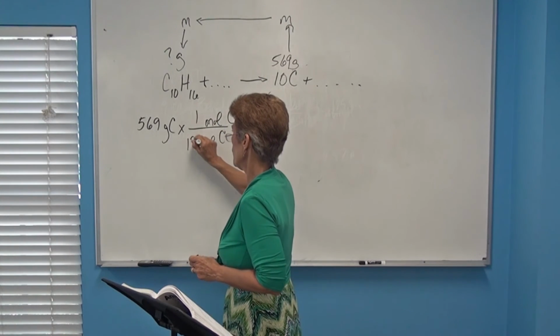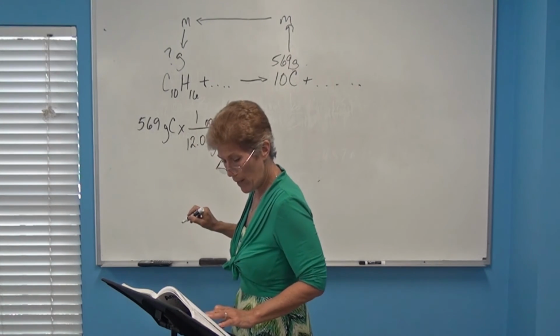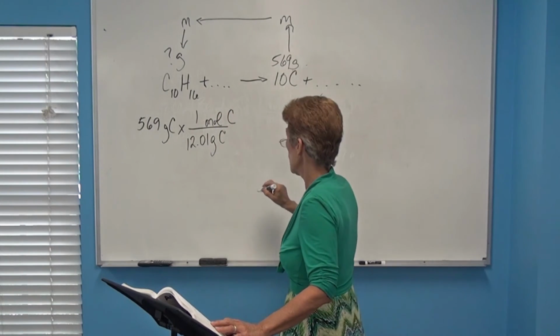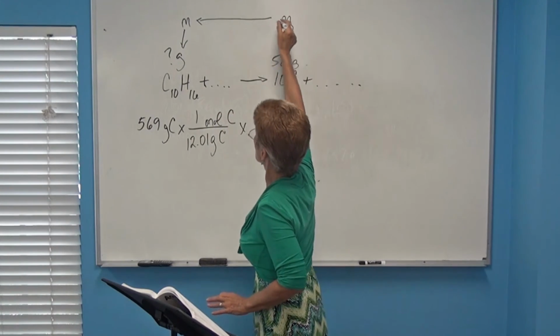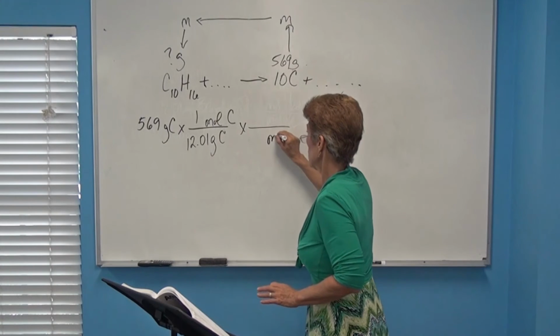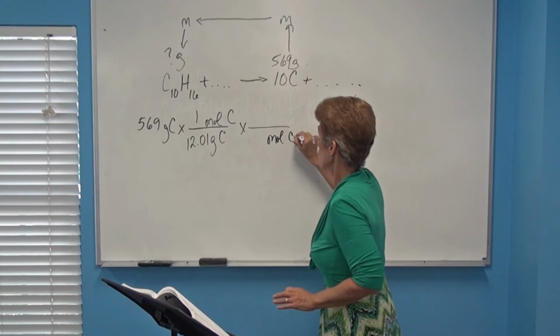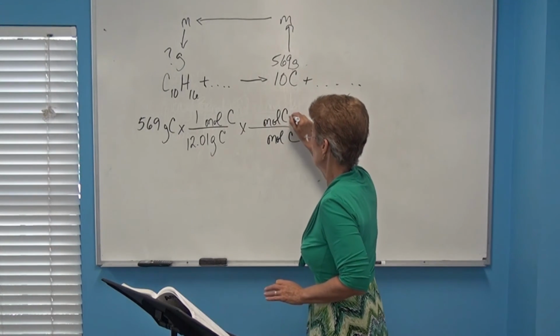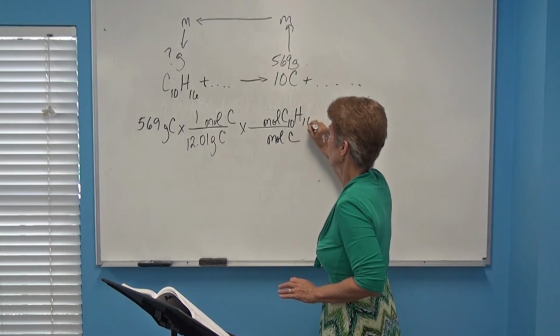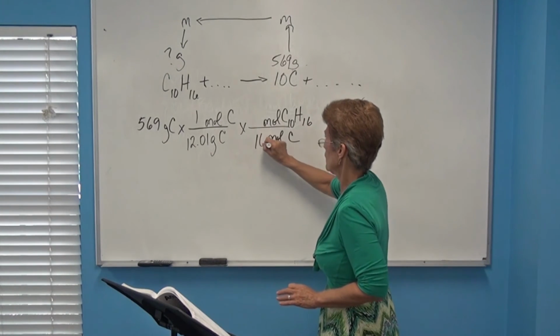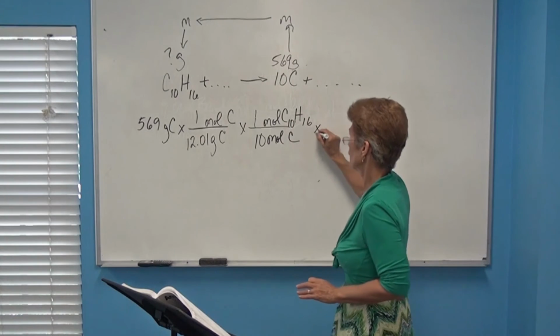For every 1 mole, there's 12.01 grams of carbon. And then that takes us here. So now we're going to go across the mole tunnel or bridge. And we're going to go to the turpentine. This gets a 10. That gets a 1.